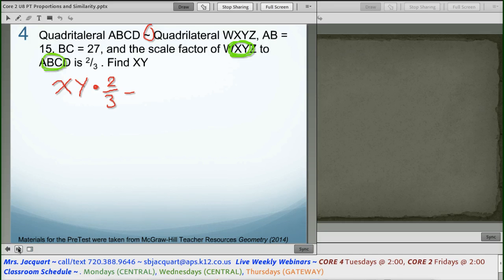That circle didn't show up. XY is 2/3 of BC. The scale factor of WXYZ to ABCD is 2/3. So I'm going to take XY, multiply it by 2/3 to get BC. And what I do know is BC is 27.